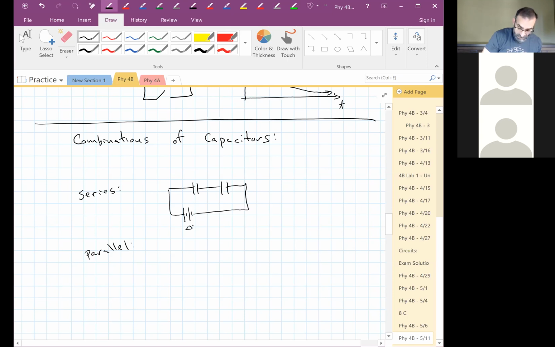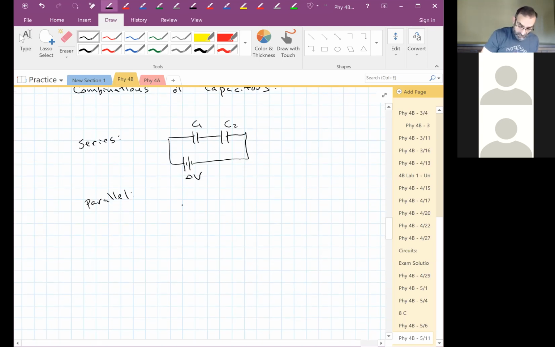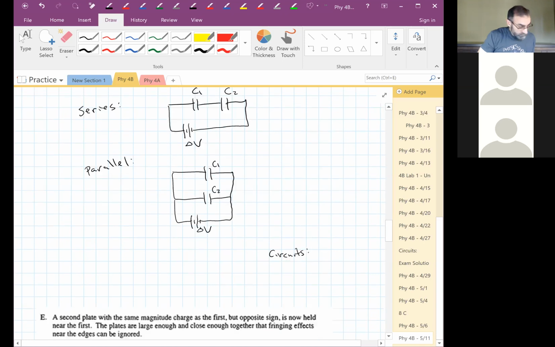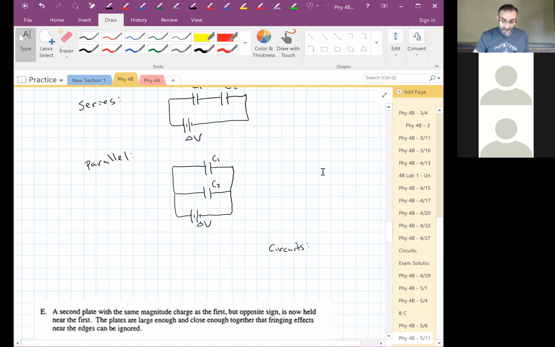So here's my source of potential difference, my battery or DC power supply, and I can have two capacitors there. And in parallel, they would look more like this. And remember, we've got our DC power supply.